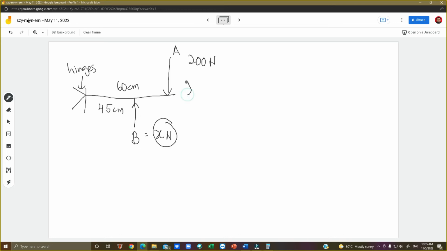Meaning dia tak pergi sana, dia tak pergi sini. It stay at its place. How much is B? This is a concept of torque. So you need to find out torque for A and torque for B. And combination of these two torque need to be 0. Summation of torque. So macam mana kita nak selesaikan ini?